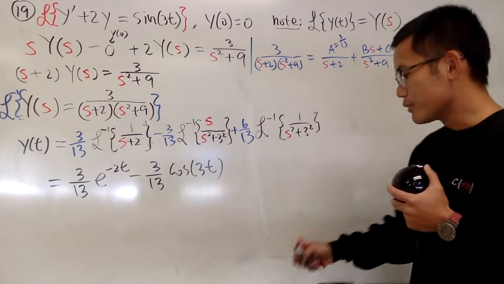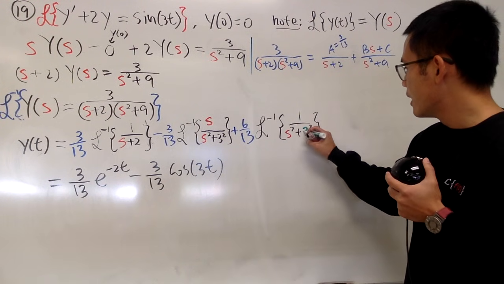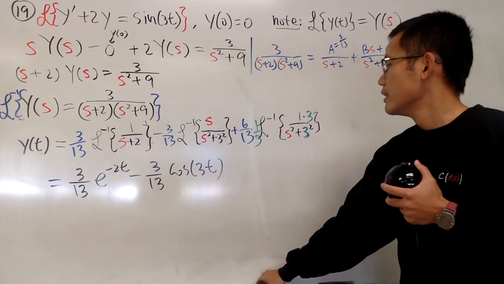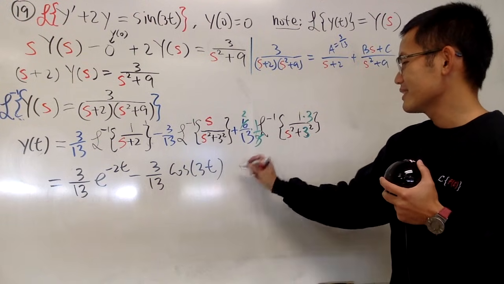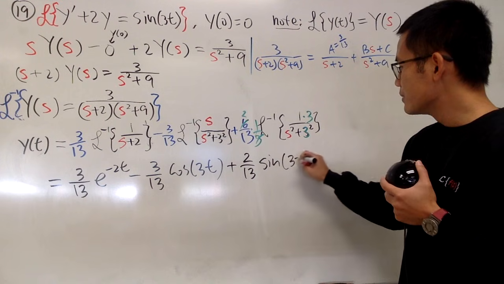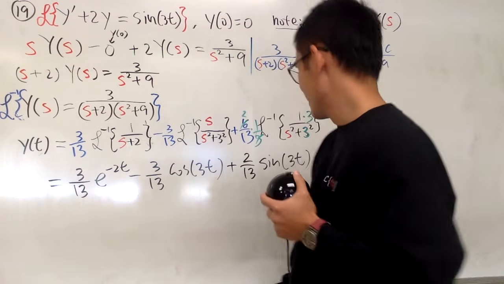This right here, you do have to do something. Here is 3, so go ahead and multiply by 3 and divide by 3. And you can reduce, so it's 2/13 sine of 3t. And do we need to put down plus c? No, we don't.